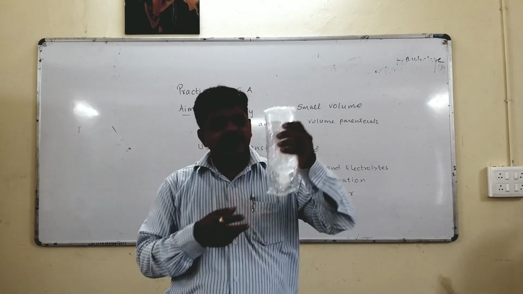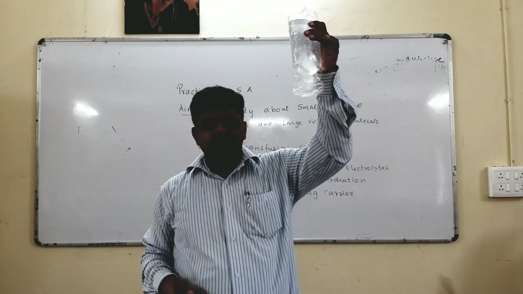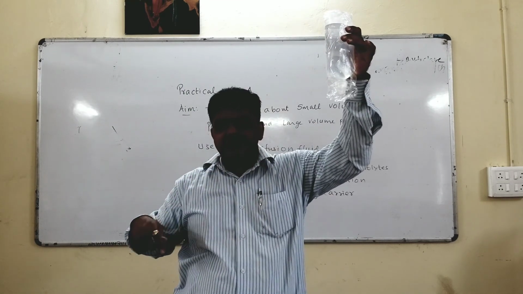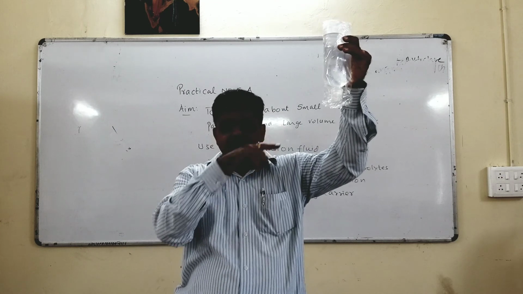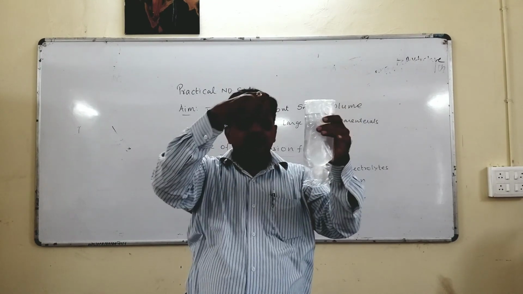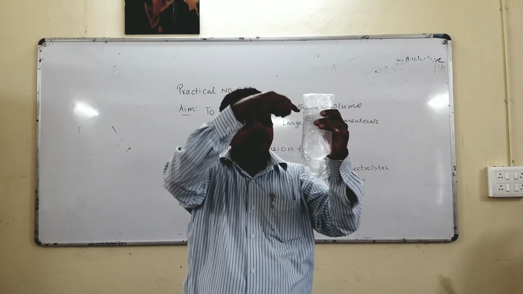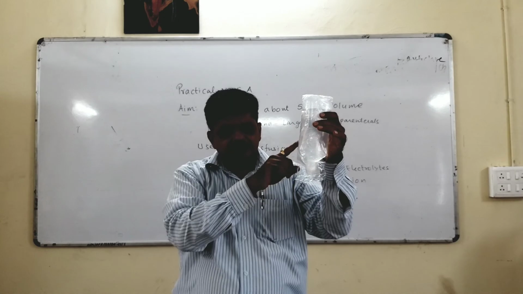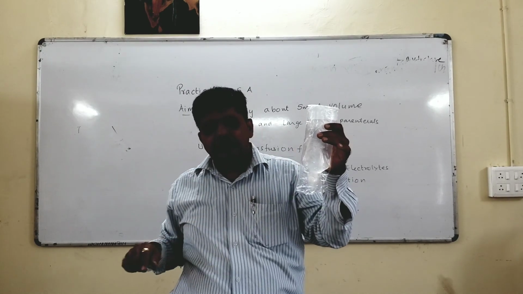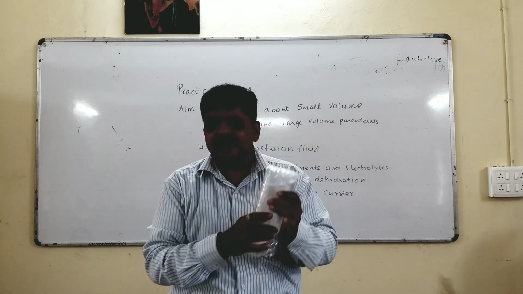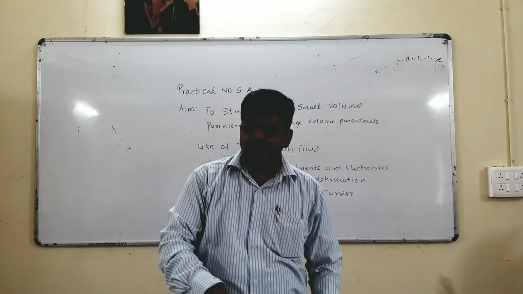Many times you might have seen a patient lying on a bed, and this fluid is injected intravenously. The nurse adds some drug into this via syringe or needle. So the drug enters the vein via this transfusion fluid. That means this is used as a carrier of any drug.